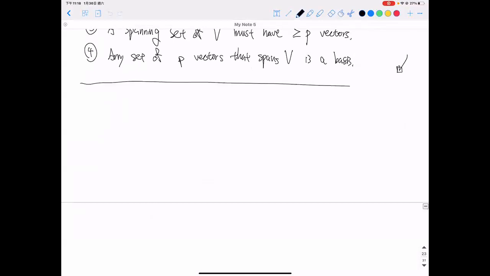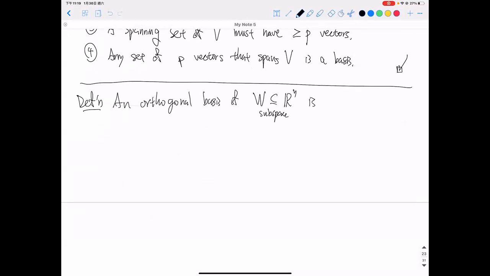I'll pick up from where we left. So the definition was that an orthogonal basis of W, a subspace, is a basis of W which is also an orthogonal set. Okay, an orthogonal basis.